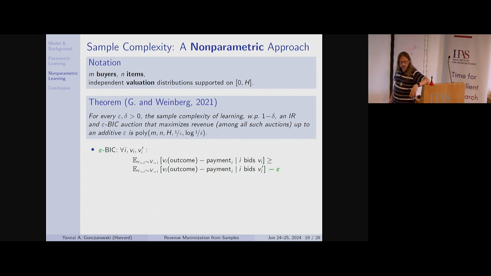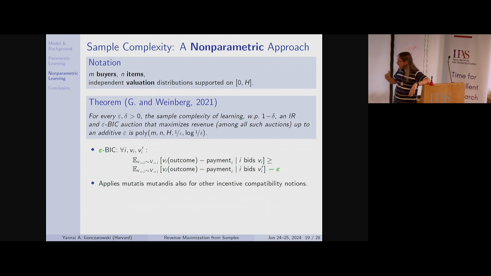So the difference between this theorem and the one we've seen yesterday is that here we don't assume anything about the class of mechanisms. Yes, but let me get to it. There are a few more qualifications to say here. The second thing is that I'm going to show you the analysis for epsilon BIC. There's a similar analysis for DSIC.